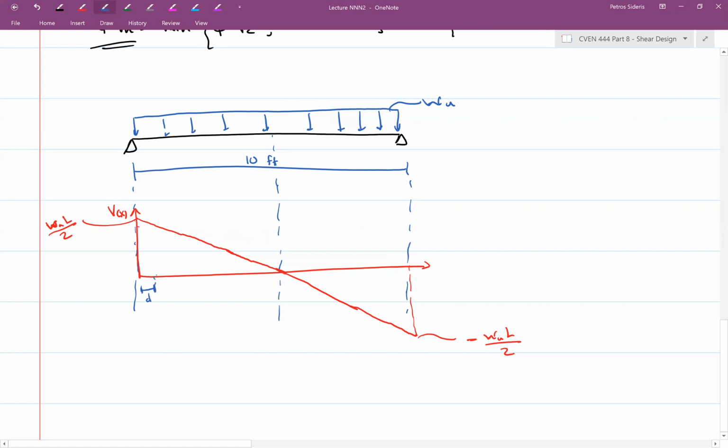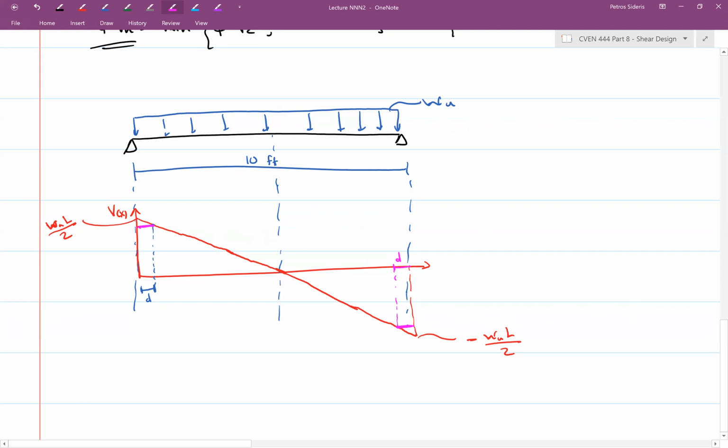So this is D. We go back here and we find actually a slightly lower strength. So we now can crop here and we can come on the other side. We find this distance D and we can crop.